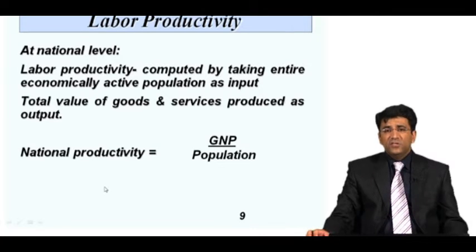And as I told you, it is very important for our nation as well as for all the organizations to increase productivity, because that is the only way we can increase our standards of living. So we can calculate productivity at the organizational level as well as at the national level.